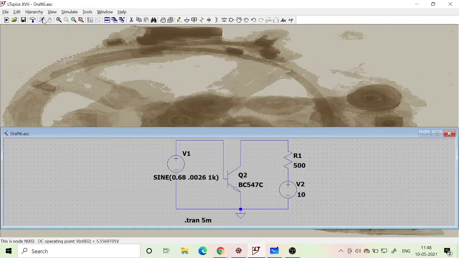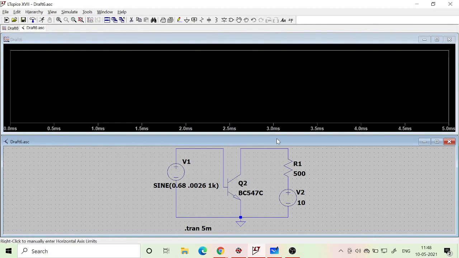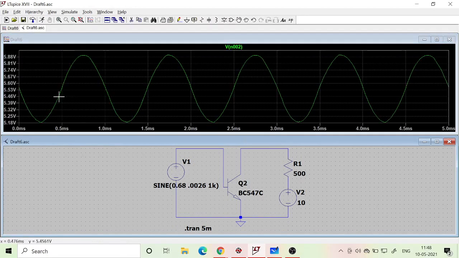Now if you look at the output voltage, you see that it's the same upward and downward. The positive cycle and negative cycle have the same amplitude, so that is a good small signal amplifier, because the input signal satisfies the condition that it is less than 1/10, or right now it is equal to 1/10 of the Vt.